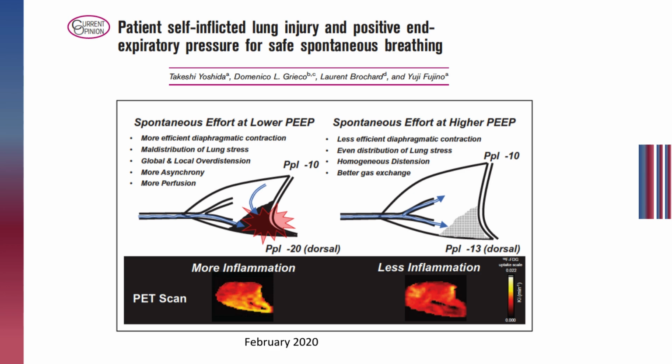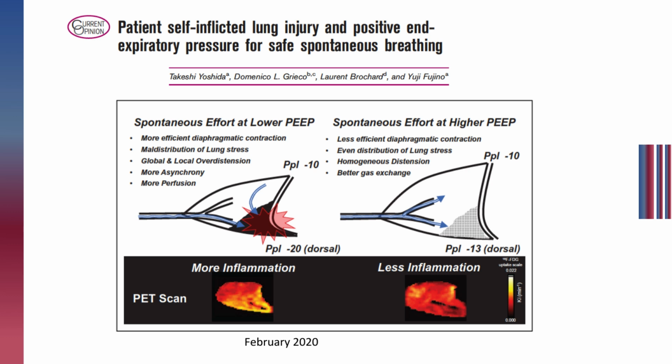Okay, and this concept has been given a name. It's called patient self-inflicted lung injury, which I think is a terrible name, because it's not like the patient inflicted it on themselves. It's just that because they're allowed to breathe spontaneously, they're so hypoxemic, they have high CO2s, they have a higher respiratory drive, they're going to be working much harder to try and address their VQ mismatch, and this leads to more lung inflammation.